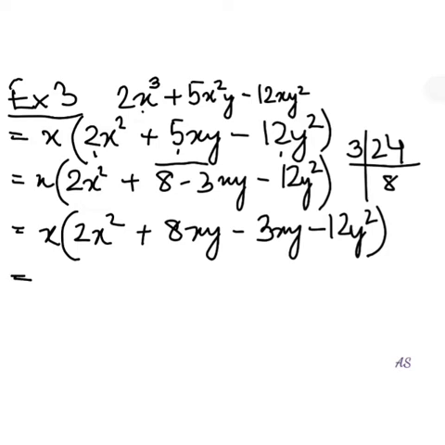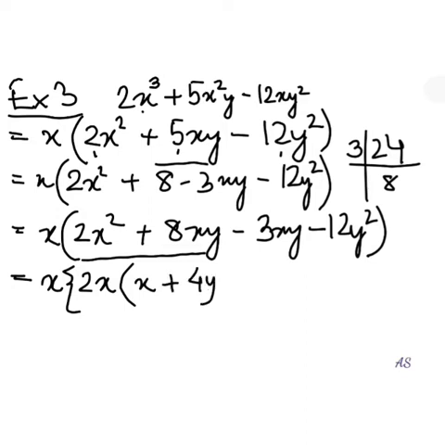So therefore, if I take 2x common from the first two terms, I'll use a second bracket over here. I'll get 2x outside and it will be x plus 4y. And I take minus 3y common.